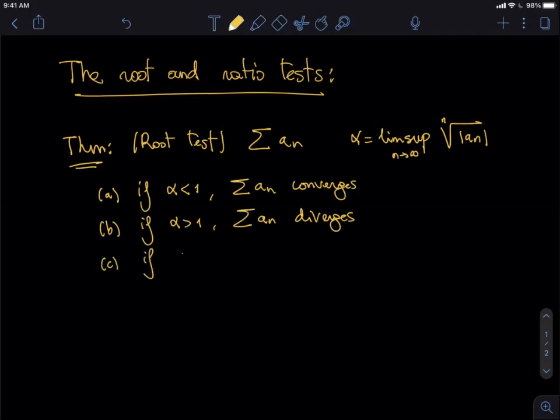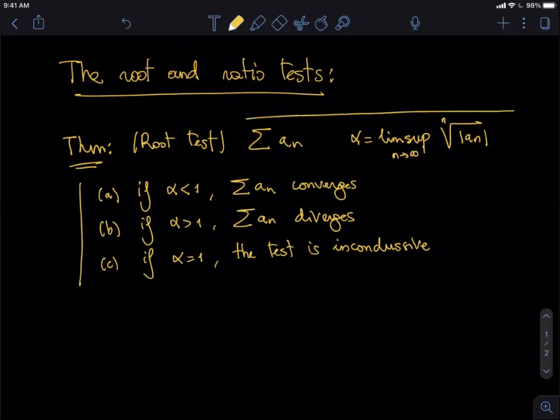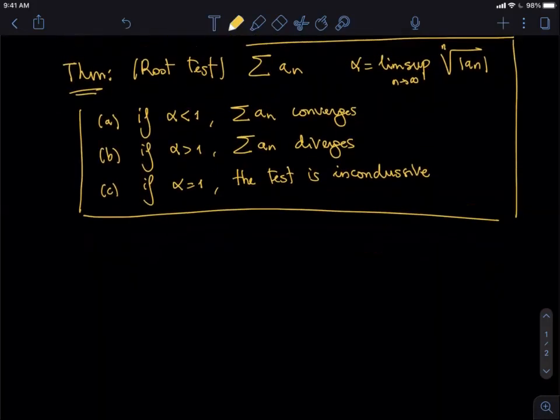And if alpha equals 1, then the test is inconclusive. Okay, so in that case, we don't get any information from the test.